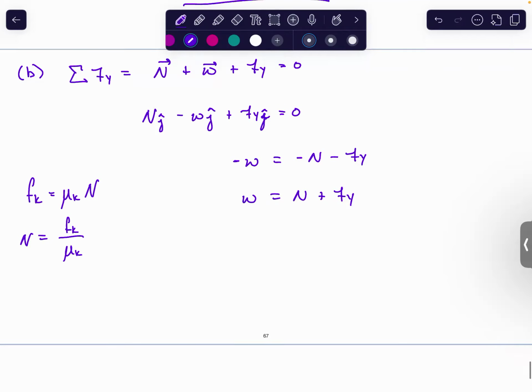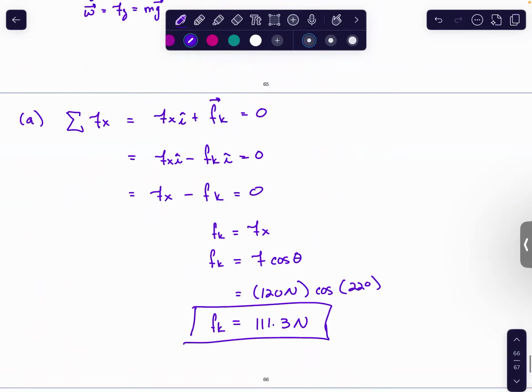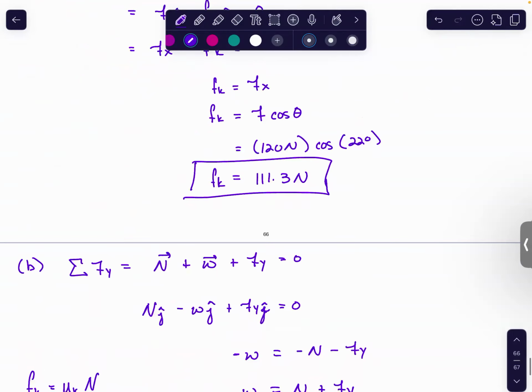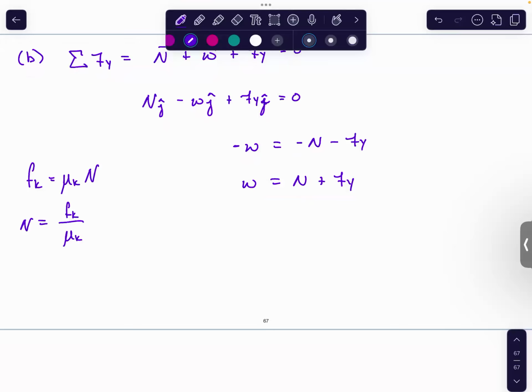And then, of course, my y component, I see my y component is opposite my angle theta, so it's going to take on the sine function. And I'm going to get frictional force over the coefficient of kinetic friction plus the magnitude of my applied force, sine of theta.